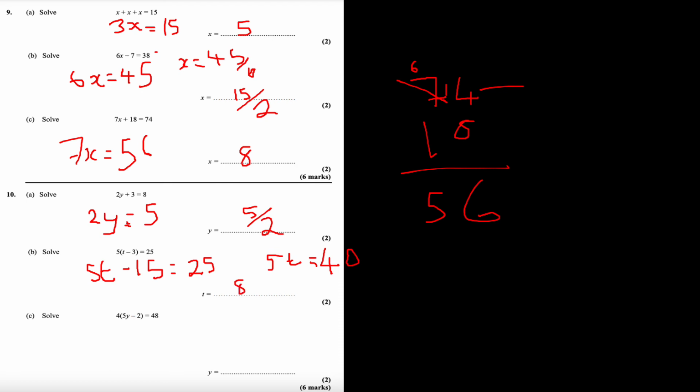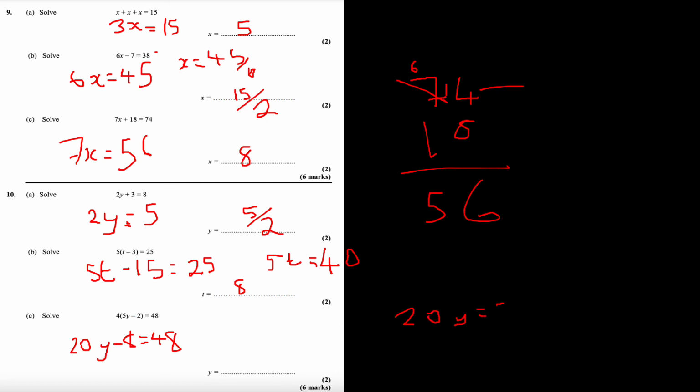For part C, guys, 4 brackets 5y minus 2 is 48. Expanding the bracket, I'm going to get 20y subtract 8 is equal to 48. Add 8 to both sides, I get 20y is equal to 56.